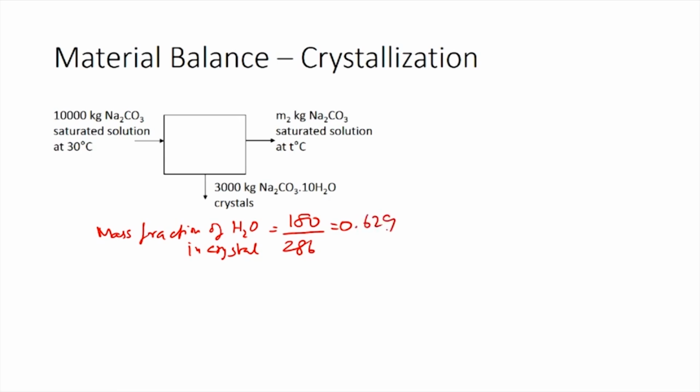Now that we have all the information about the mass fractions, let us go ahead and perform the balance equations. Let me fill this table so that we have all the information which we calculated. We calculated that the mass of Na2CO3 entering through the solution is 2800 kilograms and water is 7200 kilograms, and we have the mass fractions for the crystals as 0.371 Na2CO3 and 0.629 water.